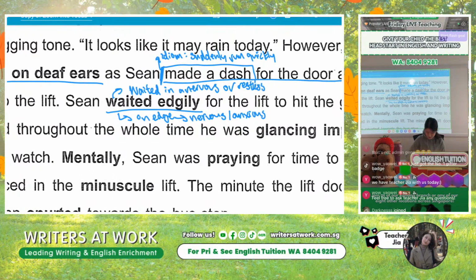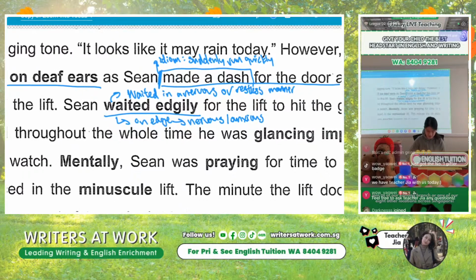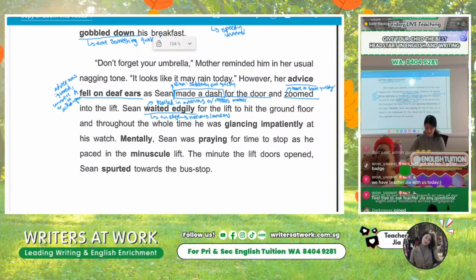Okay, so it really paints the picture that Sean knows he's gonna be late, and he is stressed out. He shows that through not only his actions but the way he views the world around him, because we also say over here the lift seems very small to him, so he feels that sense of claustrophobia in his stress, right?